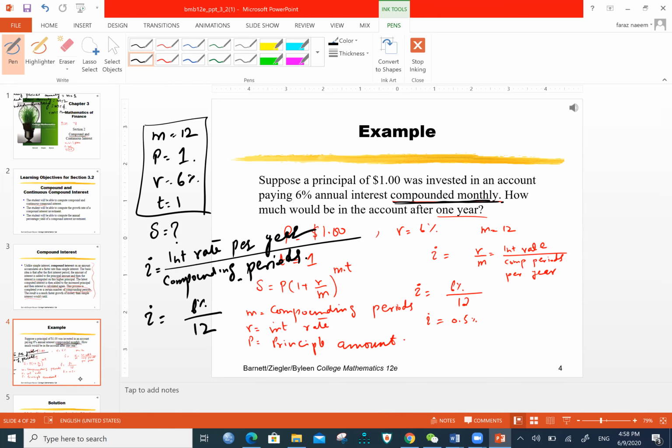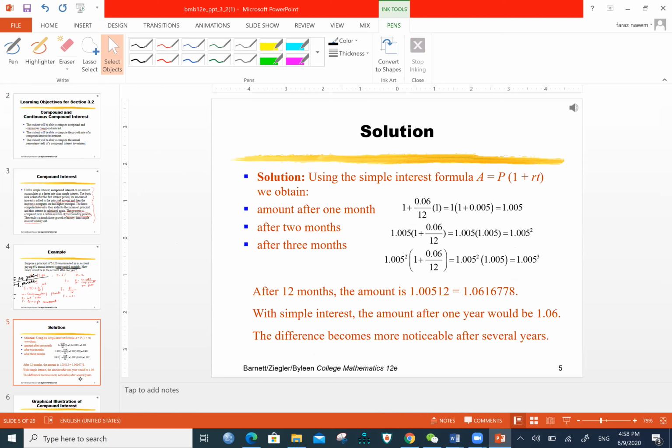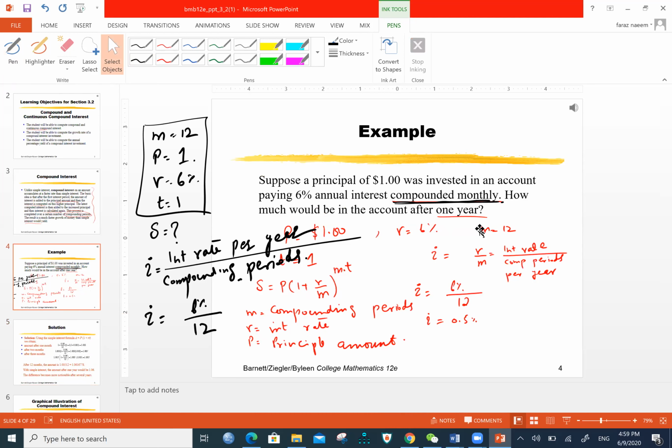So the actual formula will become, you can see that we can substitute the values here. He solved it to calculate the formula, but we can calculate it directly. Let's say S equals P times 1 plus I raised to power N, where N is M cross T, I is R by M. So we can substitute the values.